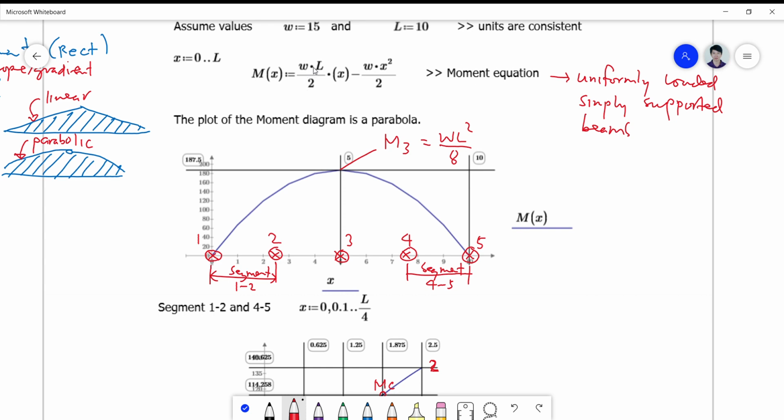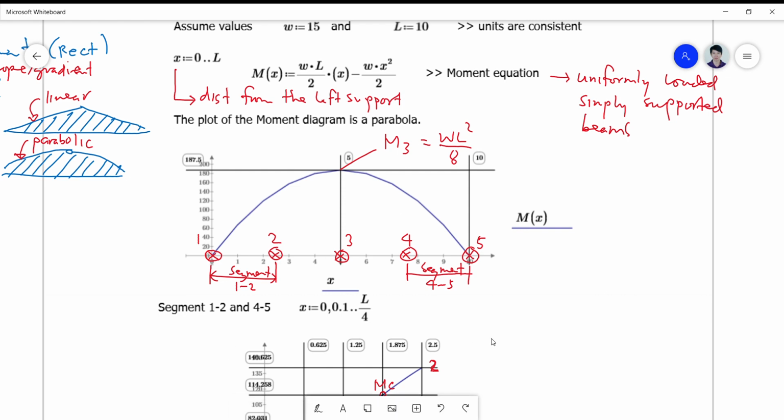So this is WL over 2, x minus W x squared over 2, where x is the distance, okay? X is the distance from the left support. So all I have to do is to get the values of your x in order to get your moment.